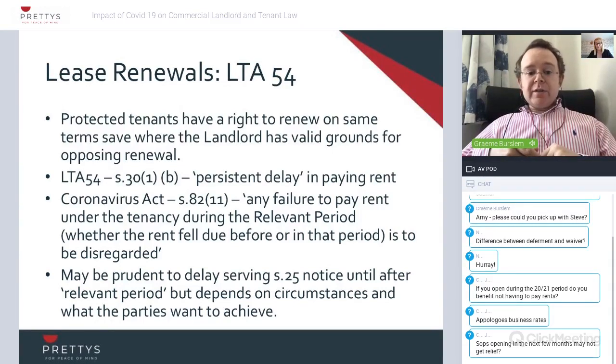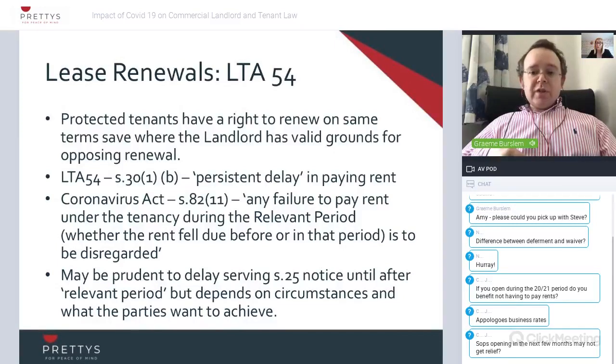Now, what the Coronavirus Act does is to say, in a slightly predictable way, that any failure on the part of the tenant to pay the rent during the relevant period, i.e., up to 30 June, cannot be used against him if he were to make an application for a new lease.